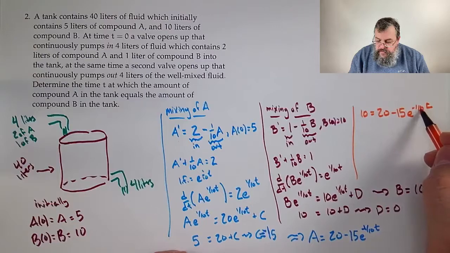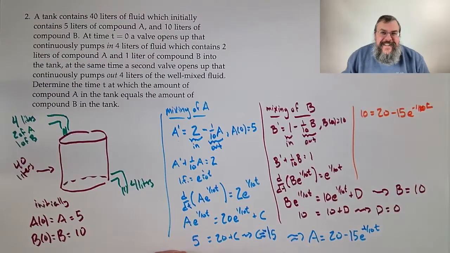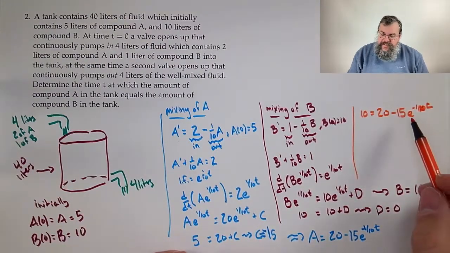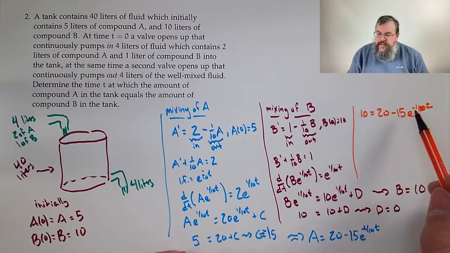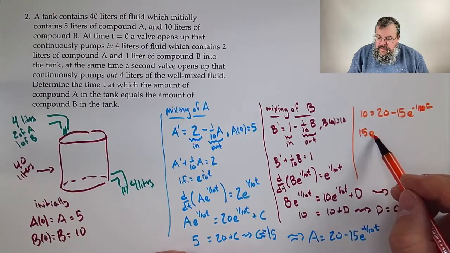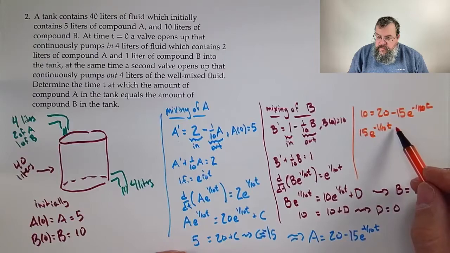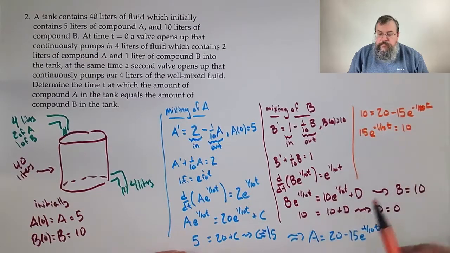Whoops, 1/10. There's a 10th there. Bad handwriting. All right, we'll move things around, and what do we see? Well, okay, move the 10 across, move that minus 15 across. We need to have 15 e to the minus 1/10 times t equal to 10.